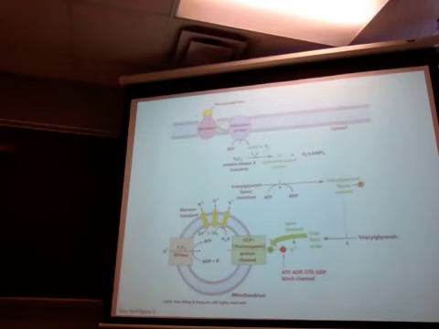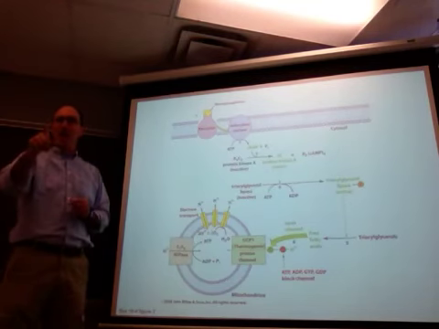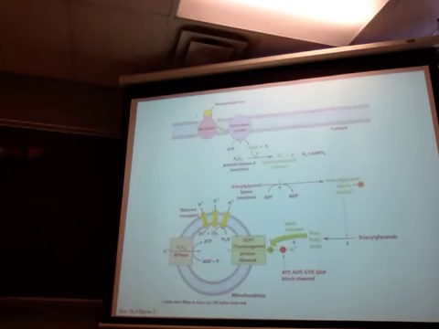Also, when the hydrogen ions come back in, have you ever diluted an acid solution? Those of you who work in the prep lab, if you dilute acid, what happens? It gets warm. So the hydrogen ions moving from high concentration to low concentration generate heat as well.